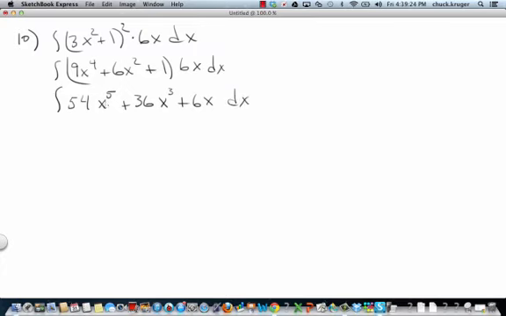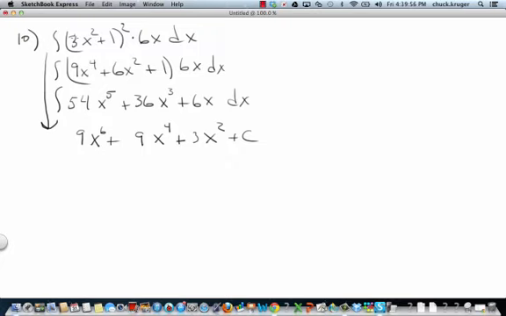And now I can do the antiderivative on each of these. I'll have x to the sixth, and I'm going to take 54 times its reciprocal, so 54 times 1/6 is 9, plus x to the fourth, and I'm going to take 36 and divide it by 4, and I'm going to get 9, plus x squared. I'm going to take 6 and divide it by 2 and get 3, plus c. And if that makes sense to you and that works, more power to you.